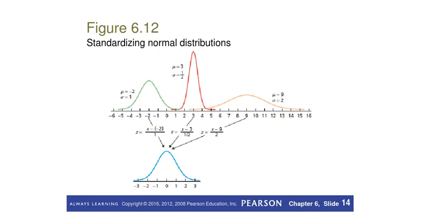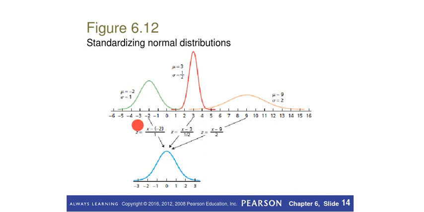That is, we could pick a value of x in such a way that if we took that value x minus 9, which is the mean of this distribution in pink, over 2, the standard deviation, it is potentially possible for us to find a value of x in this red distribution that, when we subtracted it from 3 and divided by 1/2, we would get the same value as in this green distribution with a mean of -2 and a standard deviation of 1.